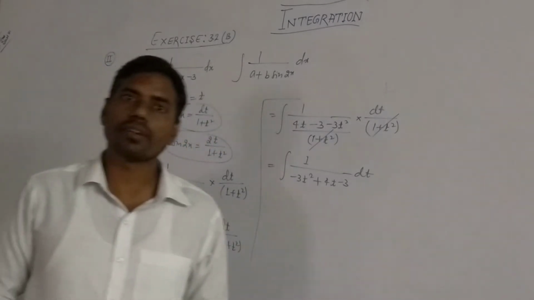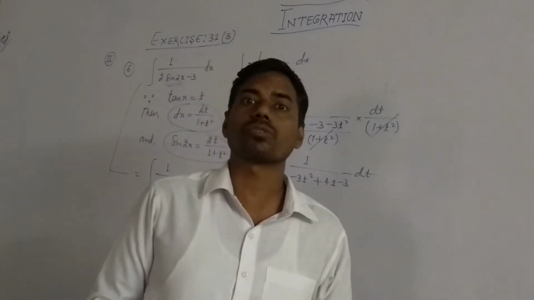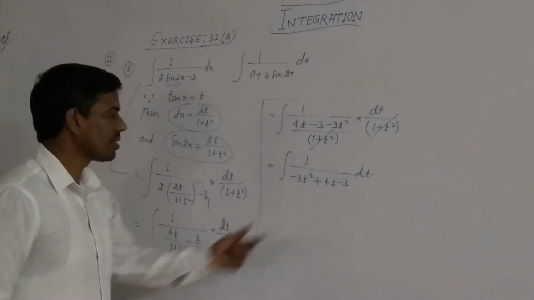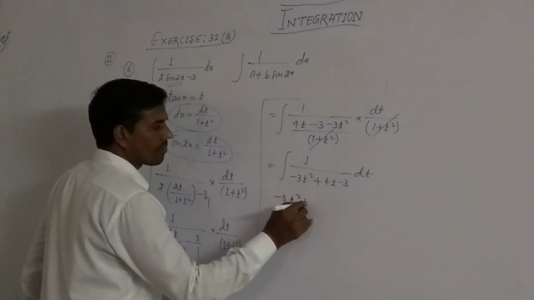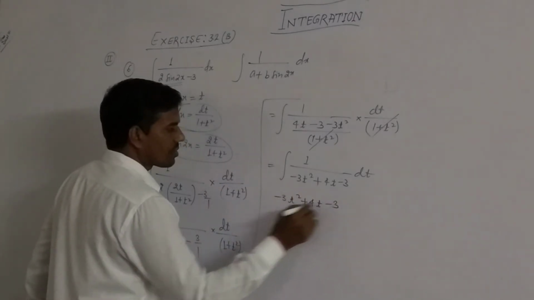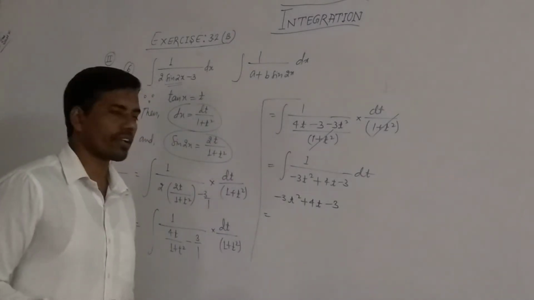You have learned this in standard 10, that is solution of quadratic equation using the perfect square method. So let us check it: minus 3t square plus 4t minus 3.